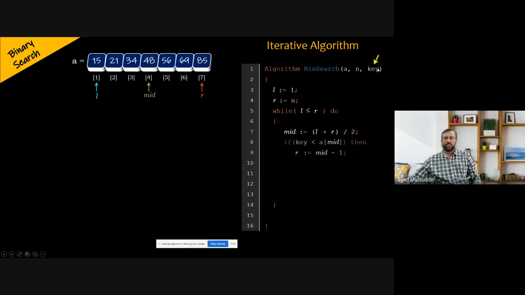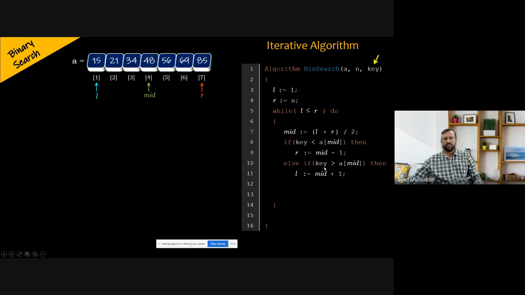And suppose the key is less than A of mid, then we set R equal to mid minus 1. If the key is less than the mid element, it may be found in the lower half of the array. It's less than, so obviously it's going to be in the lower half. So we say R equal to mid minus 1.